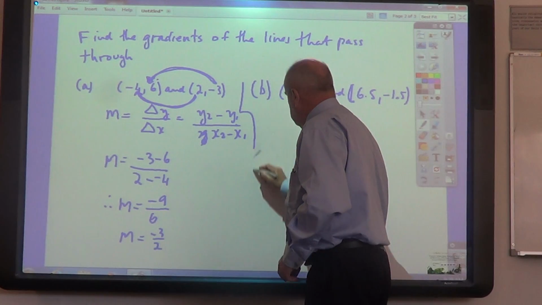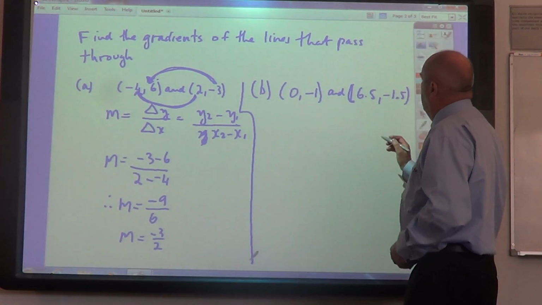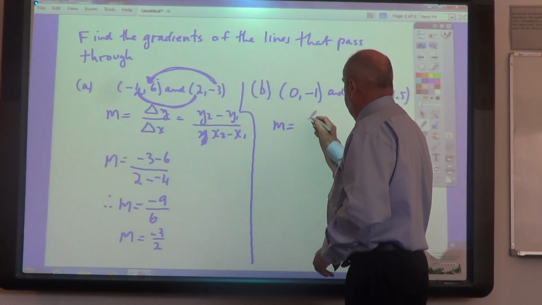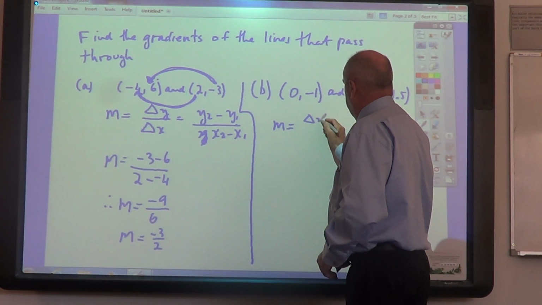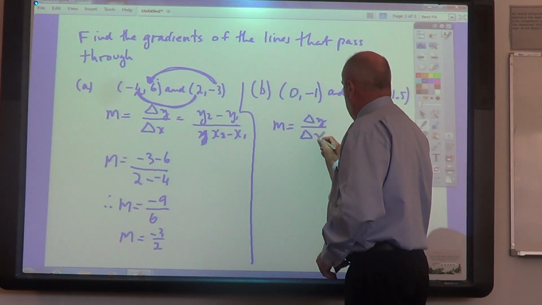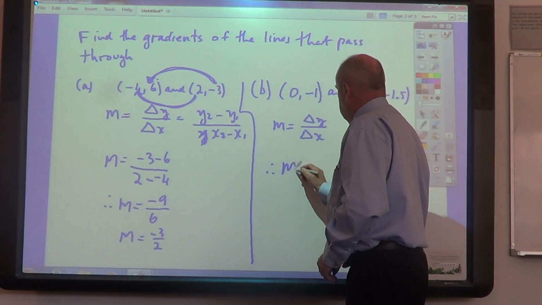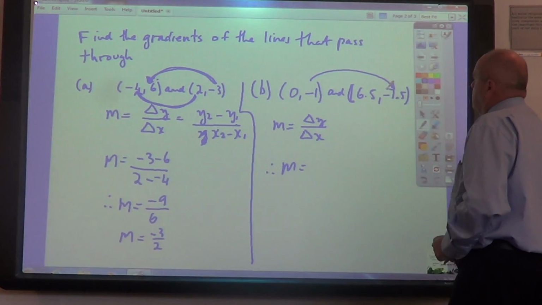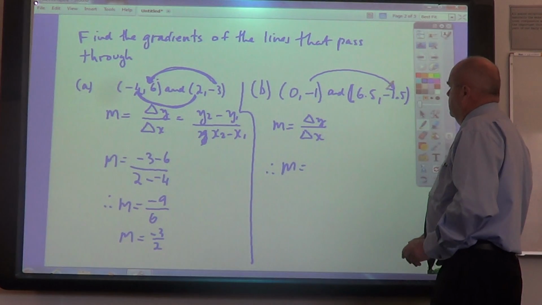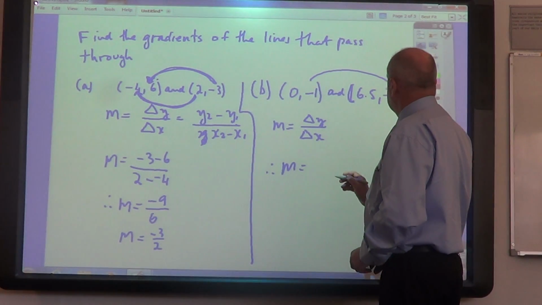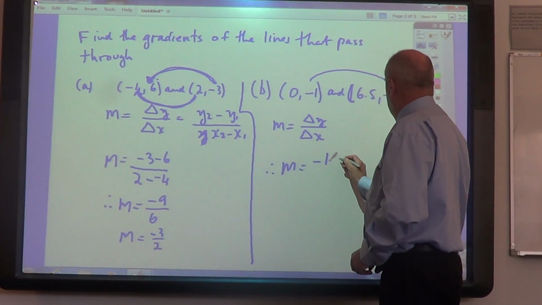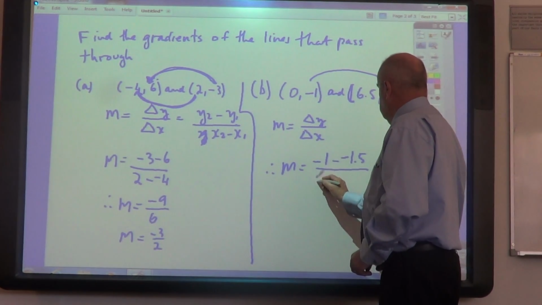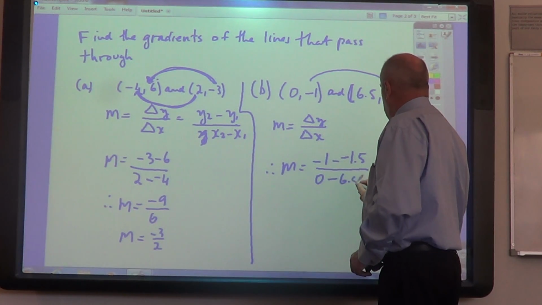Okay, so, example B. I'll travel rightwards in this case. M equals, it's always a good idea to write down a formula that's going to help you settle your nerves. That's the one I choose to use. So M is equal to, travelling in the right direction, not as in correct direction, but rightwards, I'm seeing that I need to put in 1 minus -1.5 over 0 minus 6.5.